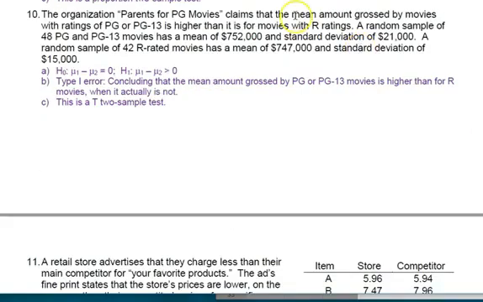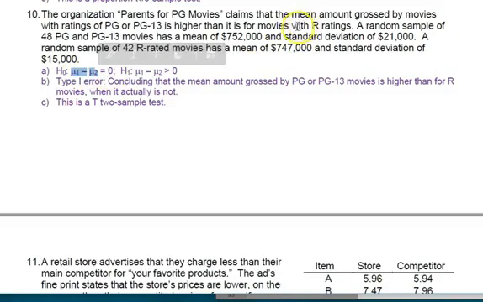In number 10, the first thing we can see is that the claim is talking about means. So the mean amount grossed by PG or PG-13 movies is higher than it is for movies with R ratings. We're talking about two different means, one for the PG or PG-13 movies, another mean for the R-rated movies. Our hypotheses are going to have the two different means in them, mu sub 1 and mu sub 2.